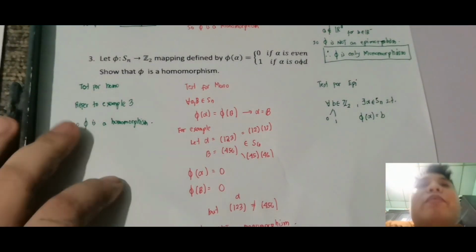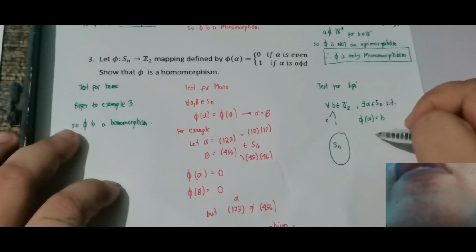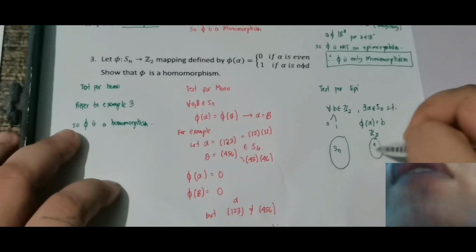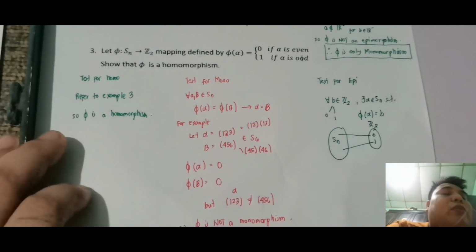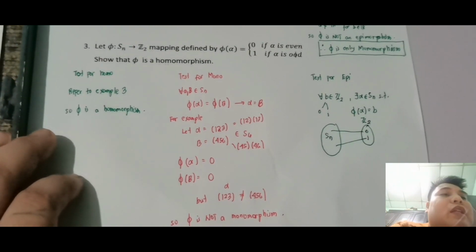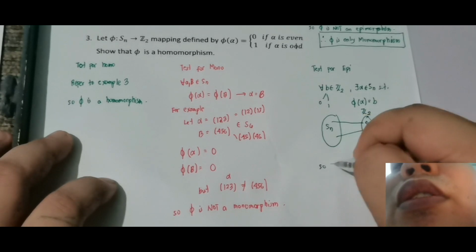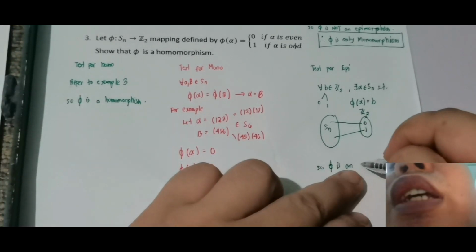Okay, so ngayon, obvious naman na kung ito yung S sub n natin, ito yung C sub 2 natin, this is 0, 1. Obvious naman na maraming nagmap kay 0 and 1. Nagamit lahat ng element ng codomain natin. So, obvious na P is an epimorphism.